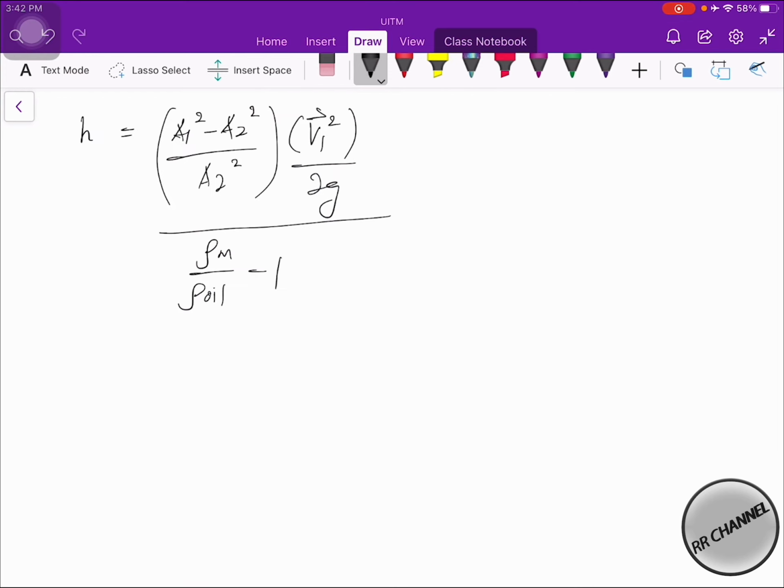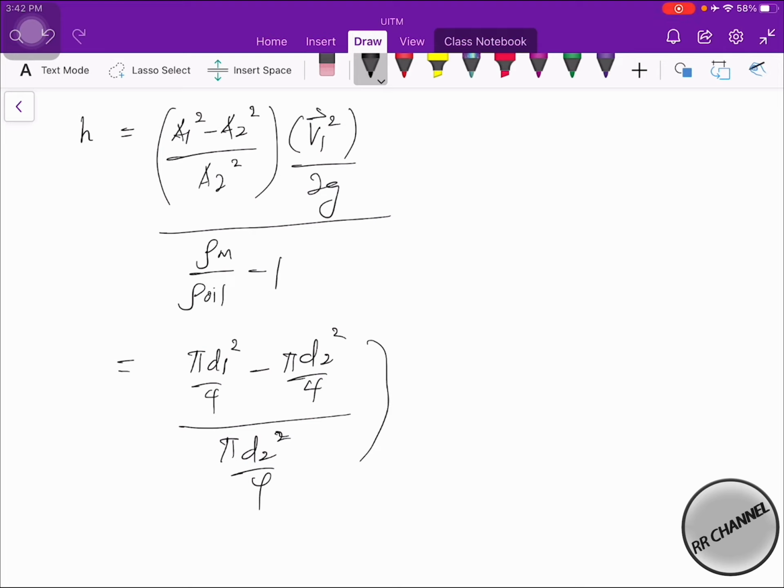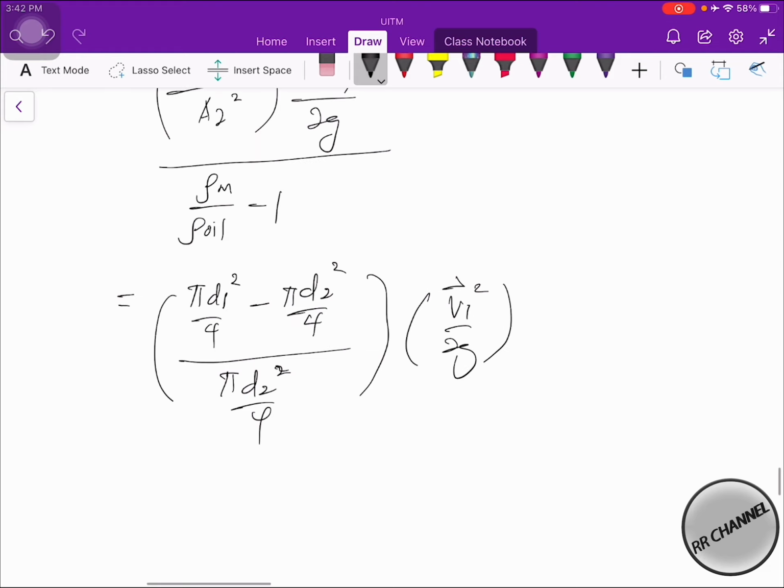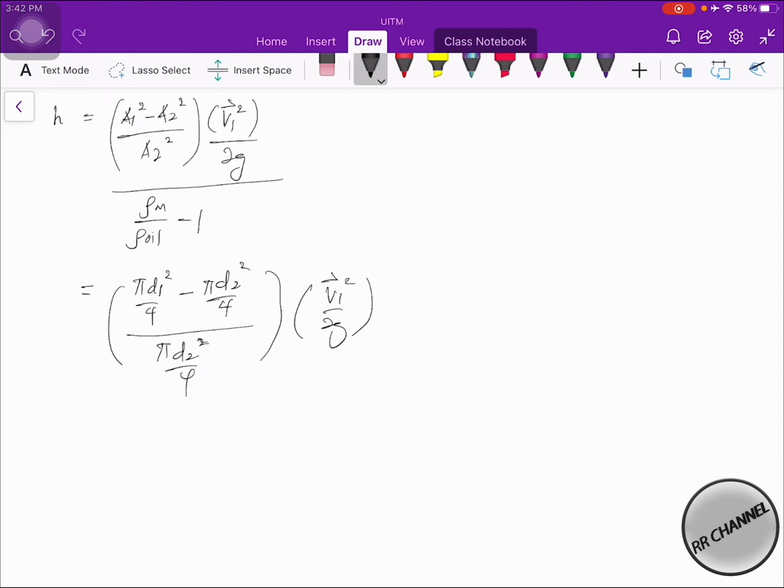So what is the value that we will get here? A1 is pi d1 square over 4 minus pi d2 square over 4, over pi d2 square over 4. So this is the first term. This is V1 square over 2g. Then we can also rearrange this, put the term upward here: rho oil over rho M minus rho oil.